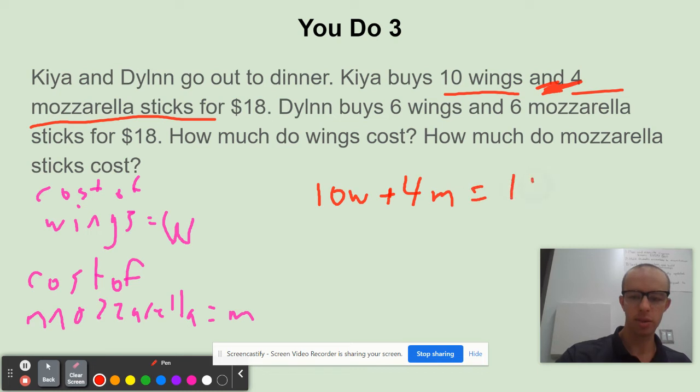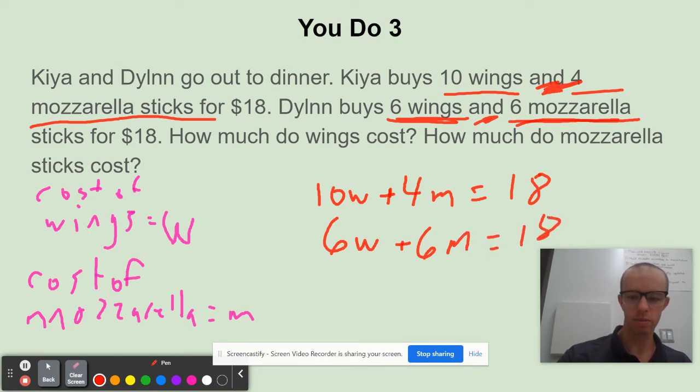All of that is equal to her total of 18. Dylan buys 6 wings and 6 mozzarella sticks. That also equals 18.